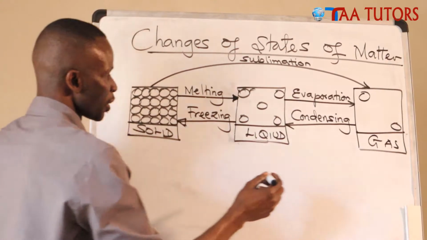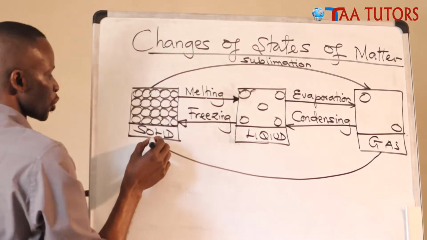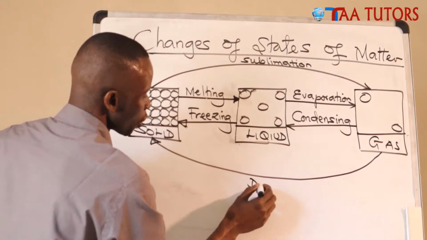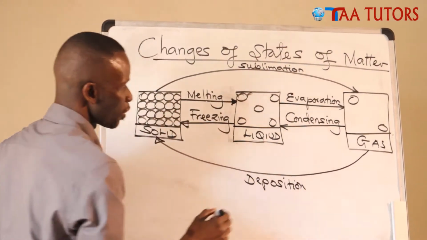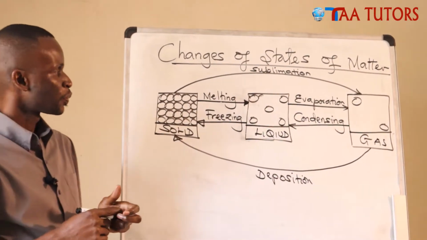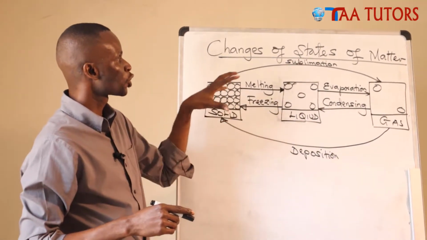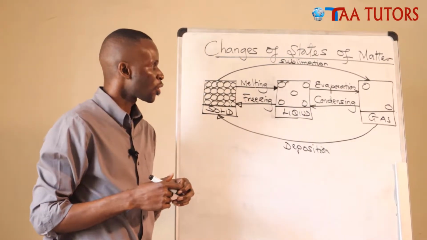And finally, the last change of state of matter is from gas to solid directly, and this one is called deposition. Deposition is the change of state of matter from gas to solid. This is why we call them interconversions, or changes of states of matter, between the three states of matter.